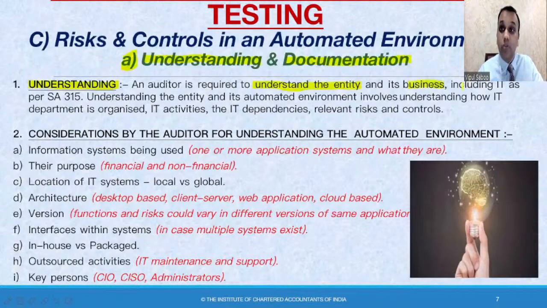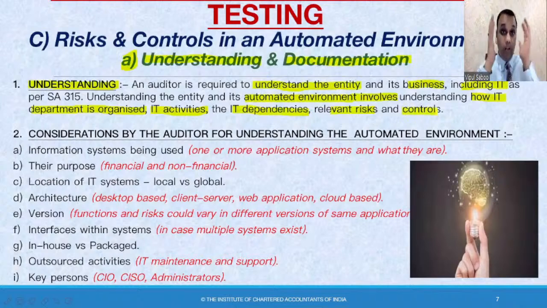Now that includes IT as well. So understanding the entity and its automated environment, what does that involve? It means to understand how the IT department is organized, what are the IT related activities, what are the dependencies of the business on IT, the relevant risks and controls.